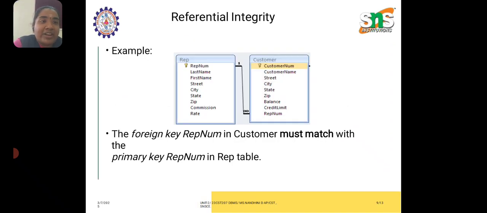Next is referential integrity. For example, the rep table has rep number, last name, first name, street, city, state, zip, commission and rate. The customer table consists of customer number, customer name, street, city, state, zip, balance, credit limit, and rep number. The foreign key rep number in customer must match with the primary key rep number in the rep table.